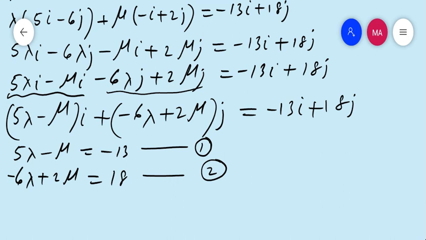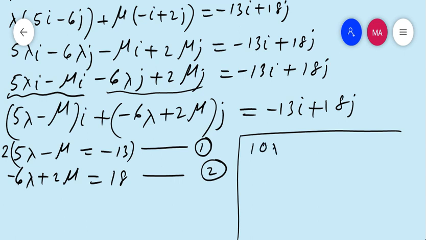Just multiply equation number 1 by 2. So 2 fives are 10 lambda, 2 into 2 mu, 2 13s are 26. And minus 6 lambda plus 2 mu is equal to 18.